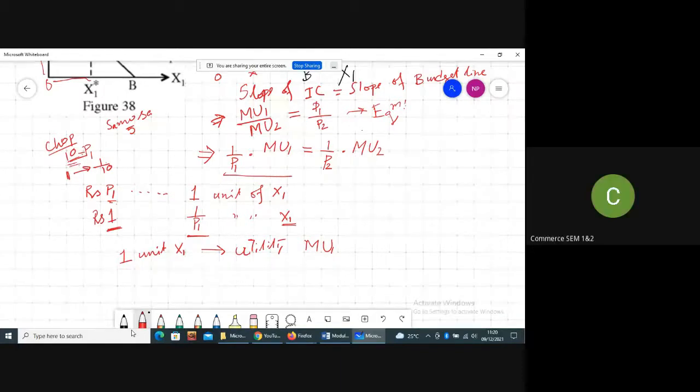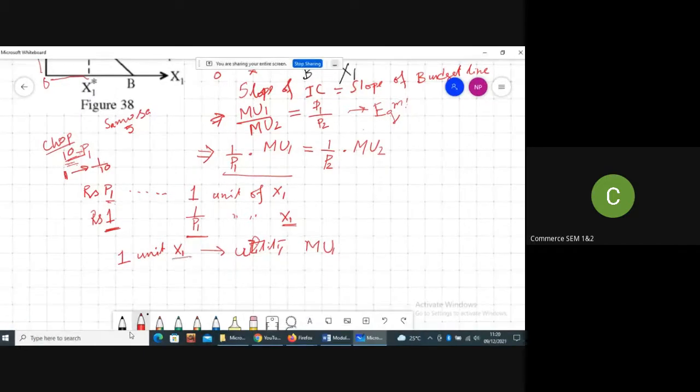What is the definition of MU1? If you consume 1 extra unit of any commodity, the utility you get is called the marginal utility of that commodity. So if I consume 1 extra unit of commodity one, that is MU1 amount of utility we will get. Fine.